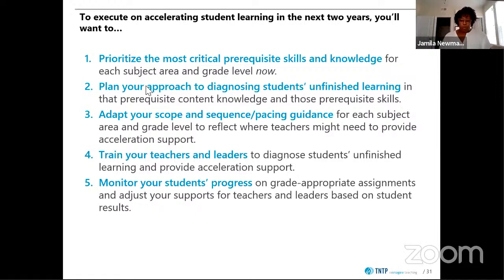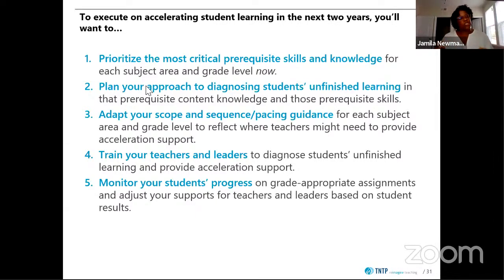I think it's really important that I highlight that the acceleration model is not about ignoring previous skills. It simply means that we revisit those skills. The skills that we revisit from previous years or prior grades are laser selected.